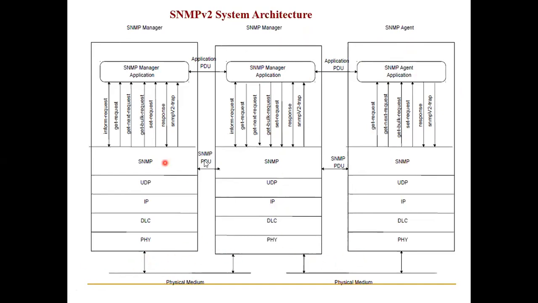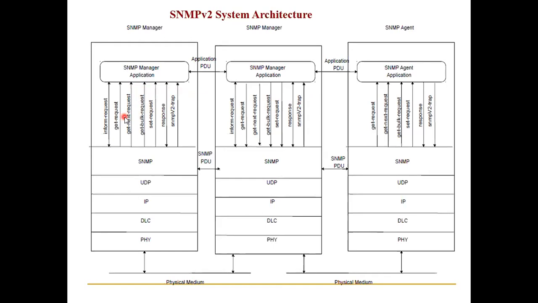The SNMP layer exchanges the SNMP PDUs, and the application layer PDUs are exchanged as well. Here, in the architecture, I have 7 messages over here, 7 messages over here, and 6 messages over here.